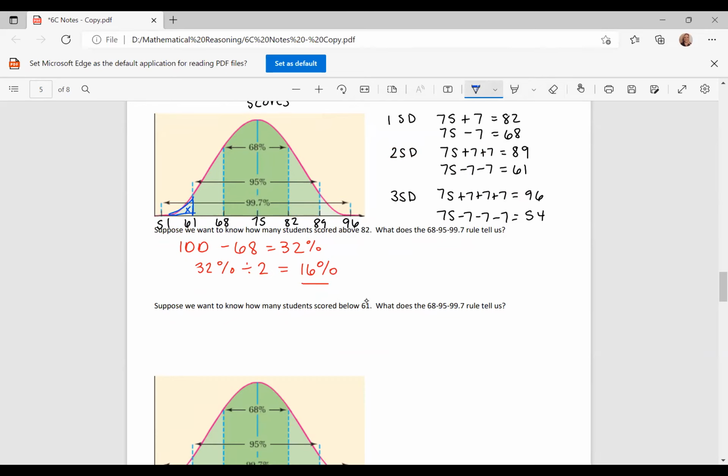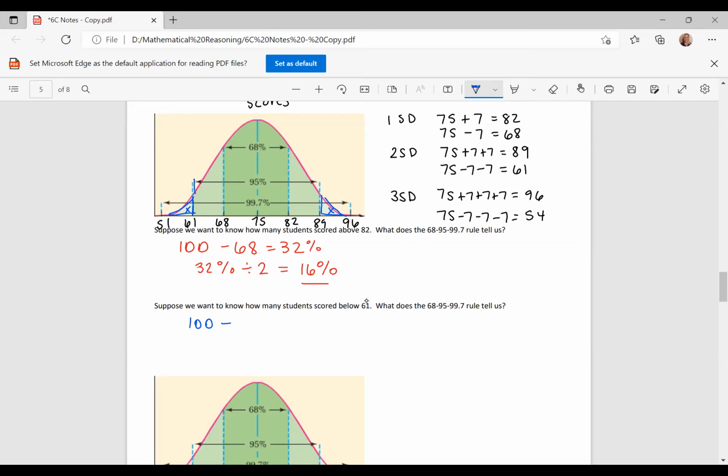There's also a little section over here that matches it, because you want to start out with your 100 and mark off the two sections that are identical, below 61 and then above 89. And then you want to subtract off whatever section is not included here.